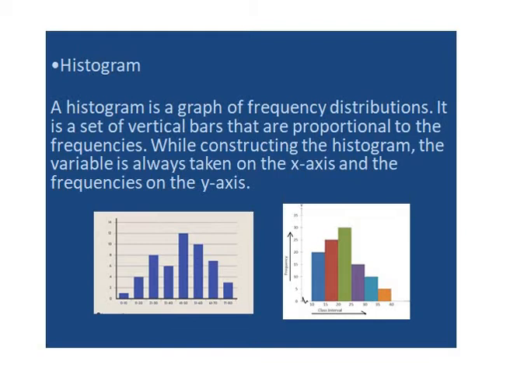Here we have an x-axis and y-axis, the data is plotted accordingly, and each period's data is shown in rectangular bars. It can be shown with spacing or without spacing; in either manner, that is a histogram.